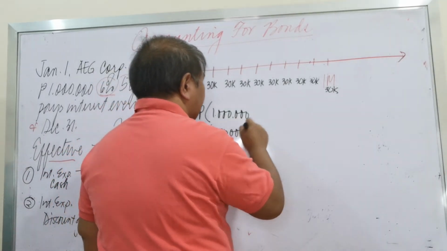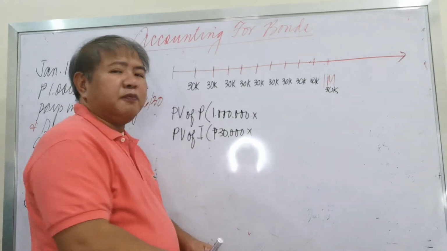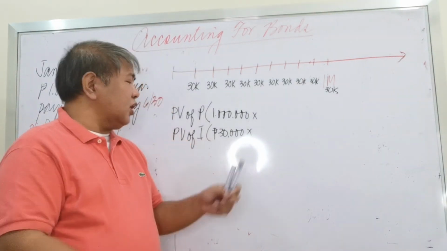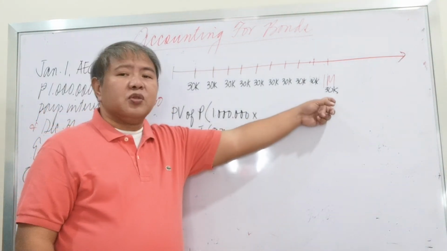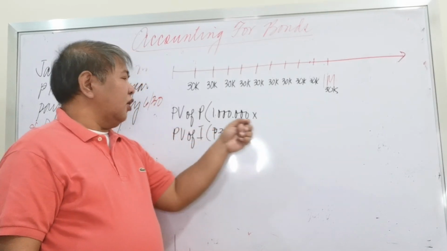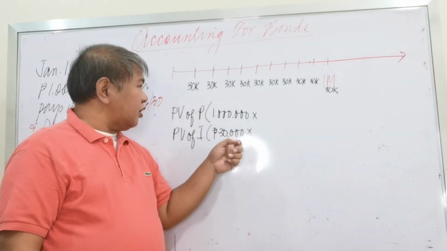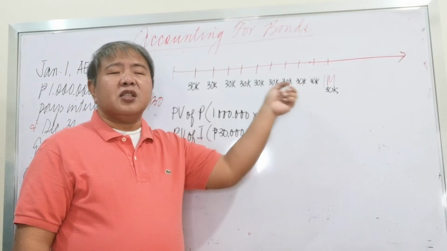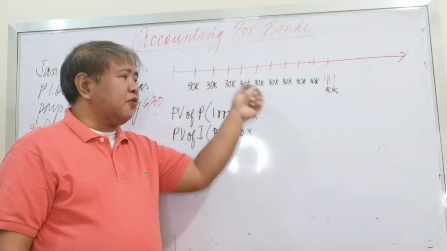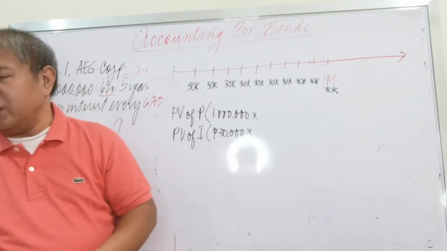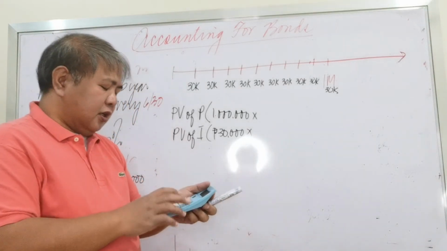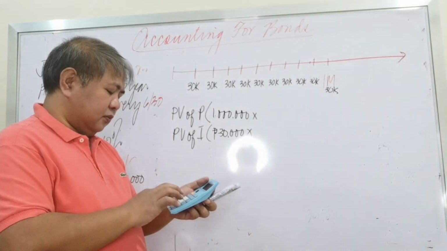Again, what type of present value factor are we going to use? For this one, we will be using present value of 1, while for this one, these are uniform cash flows, so we will be using the annuity. Okay, let's compute for that present value factor.